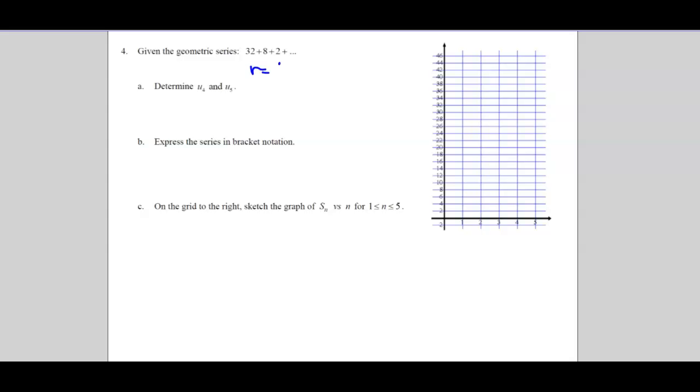So R is 1/4. So that means U4 equals 1/2. U5 is 1/8.